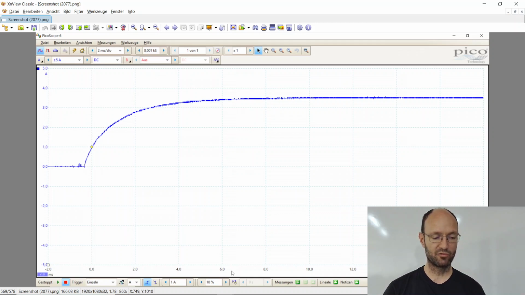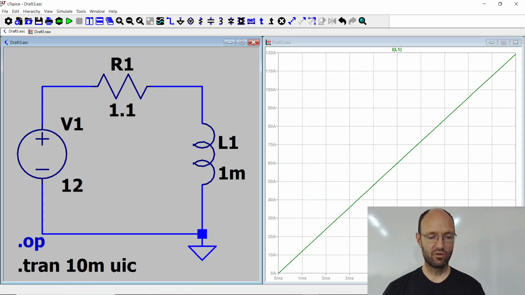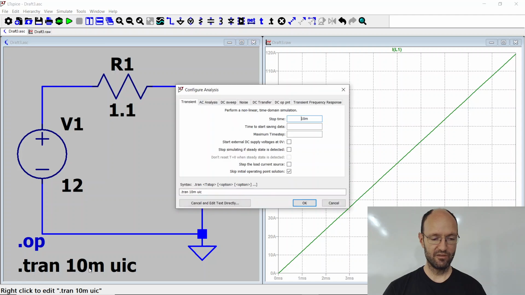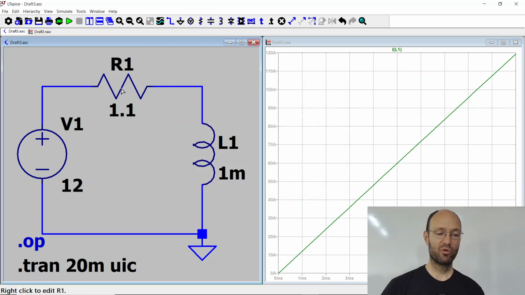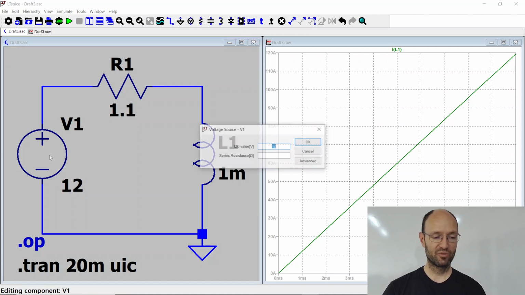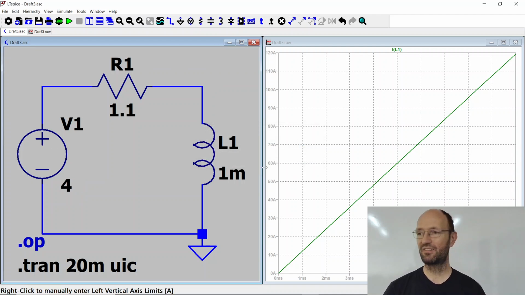From minus 2 milliseconds to 80 milliseconds, it's 10 divisions, 2 milliseconds per division, 20 milliseconds. So if we set this to 20 milliseconds, with a 1.1 ohm resistor and approximately 1 millihenry of inductor, and now not with a 12 volt source, but with a 4 volt source, it should be pretty much the same settings as my blocked motor.